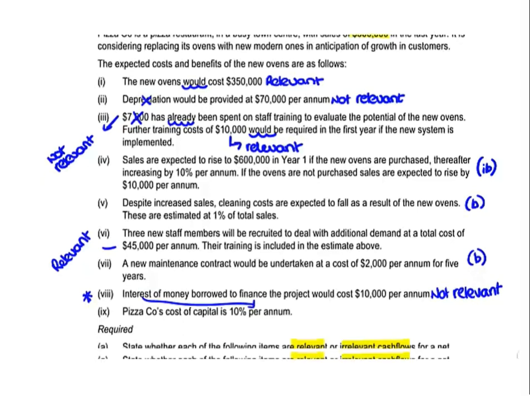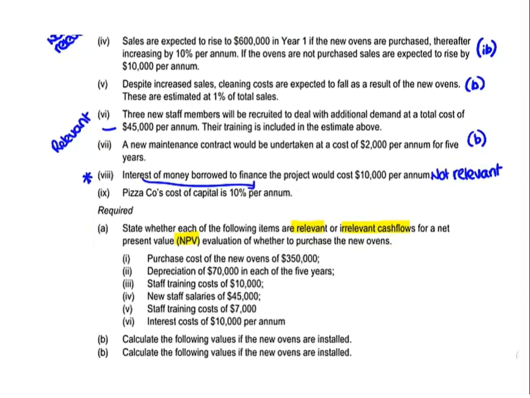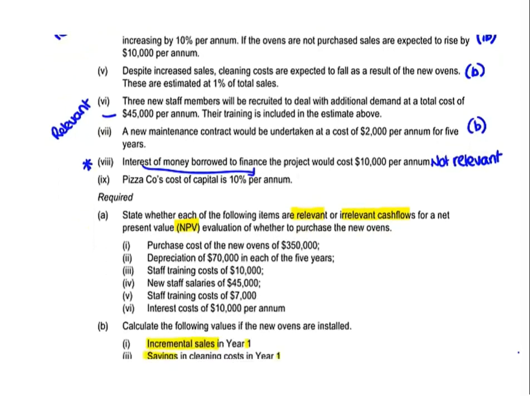So in reading through the scenario then, we've got answers to all of part A. And if you'd read through that before you knew what the requirement was, it wouldn't have been as an efficient use of time. So just to recap then, the purchase of the ovens is relevant. Depreciation is never relevant.